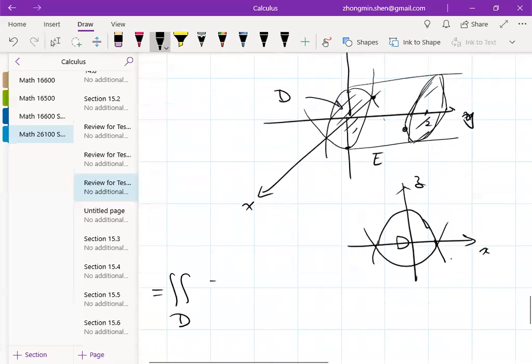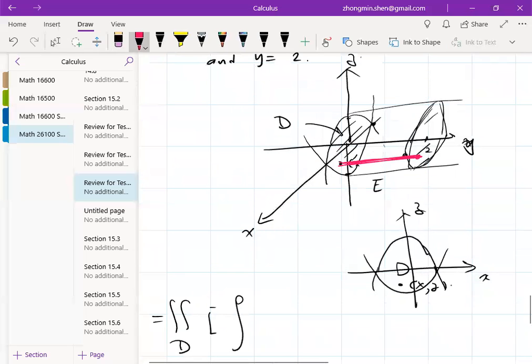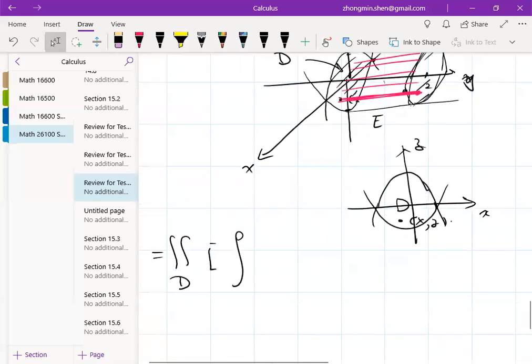The first one is over D. For every point in the xz plane inside D, you use a line segment, so you fill this solid using those line segments. The integrand is x minus y, and it's dy. This y is between 0 and 2.